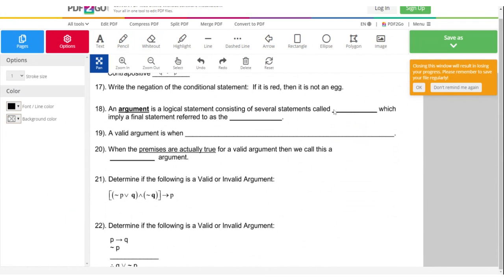So this is premises and conclusion. And it's tautology.